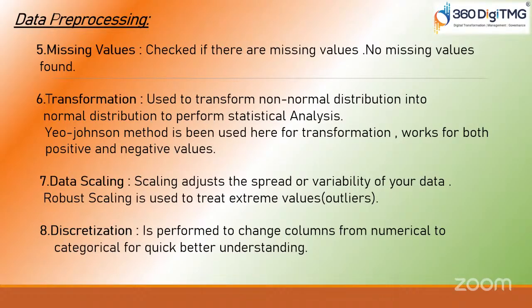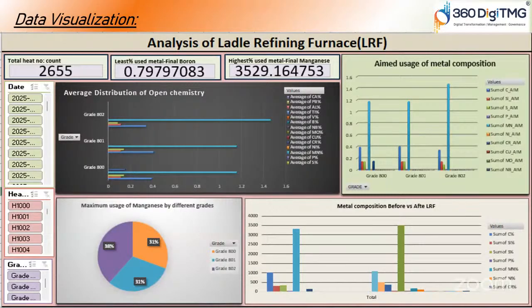For data scaling, we used a robust scaler to handle extreme values. Then discretization, which converts numerical values to categorical buckets for simplified visual understanding. Then we move to the visualization part.